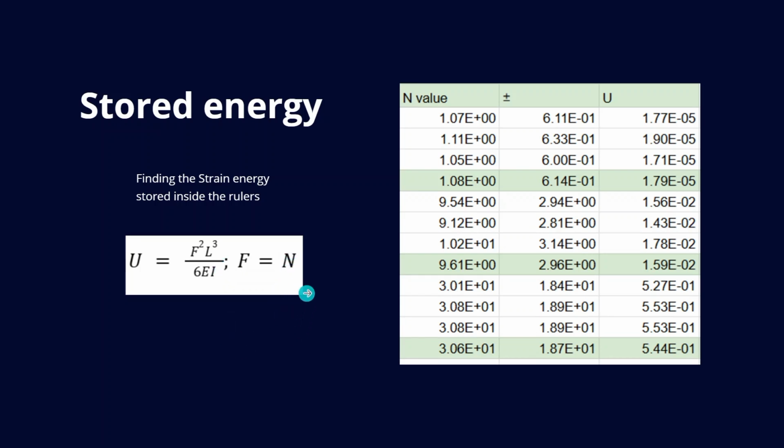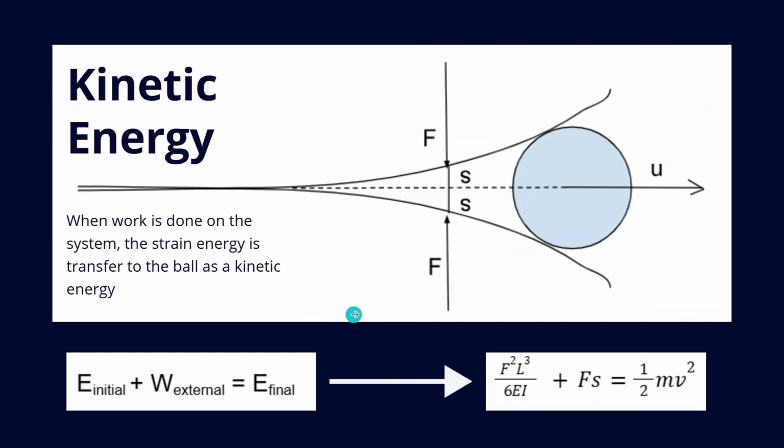And so we got the U value, or the strain energy value, but then the strain energy value will be 0 again once the ball is being ejected, which means that the strain energy is being transferred to the ball as kinetic energy for the ball to be able to travel with speed.